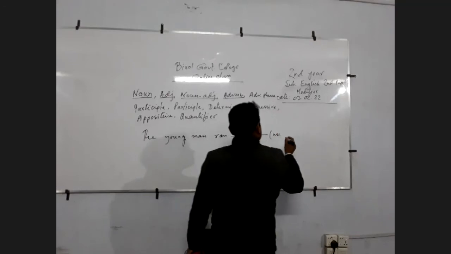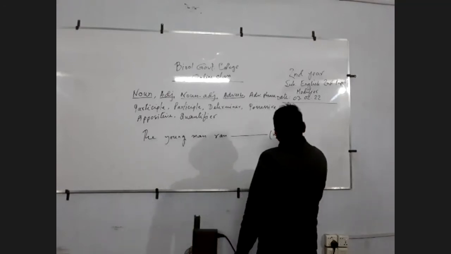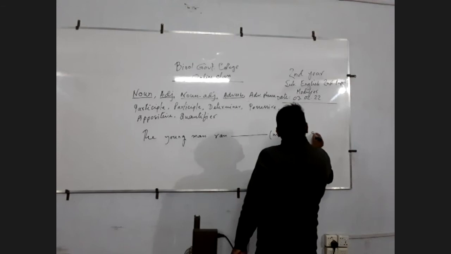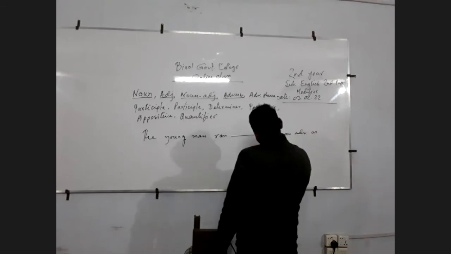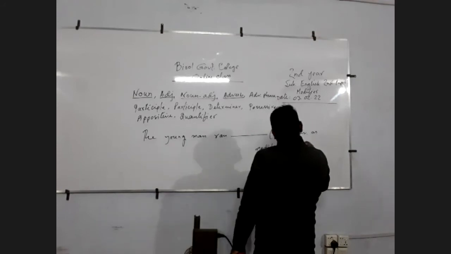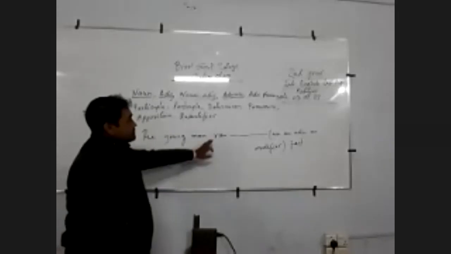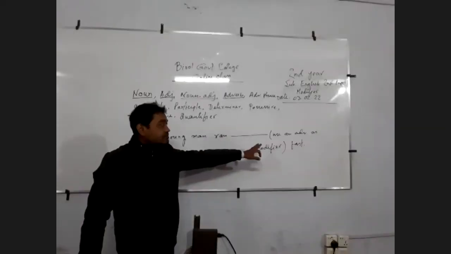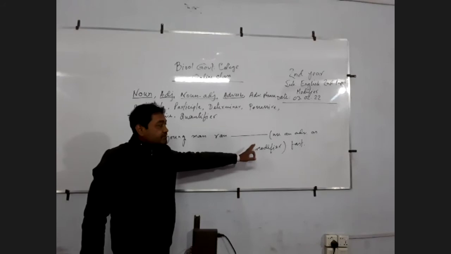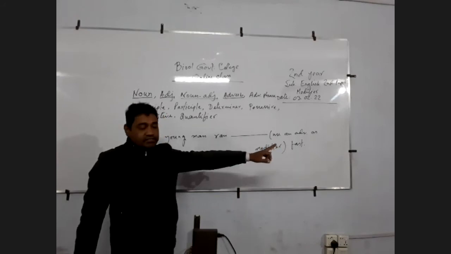Use an adverb as modifier. Fast. The young man ran. You have to use an adverb, then fast.